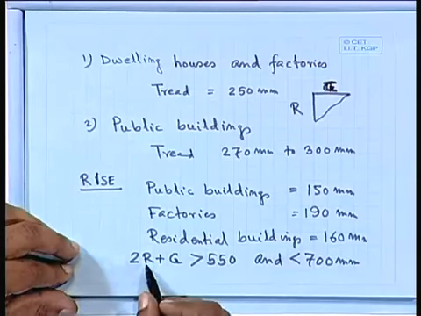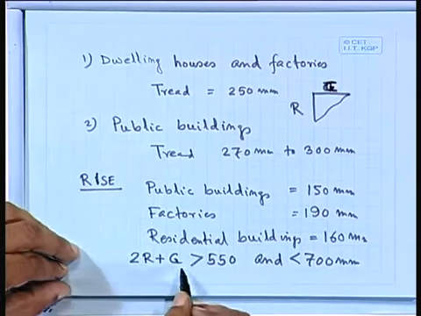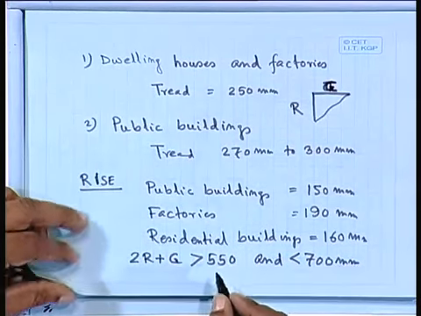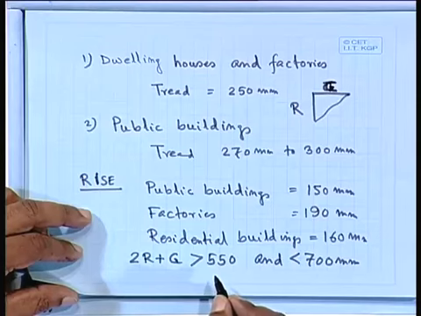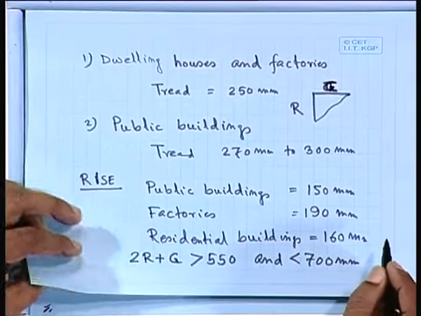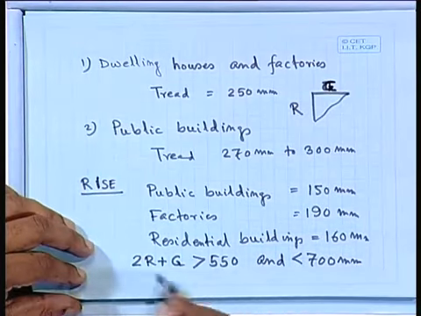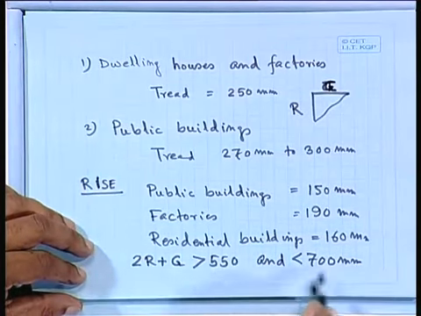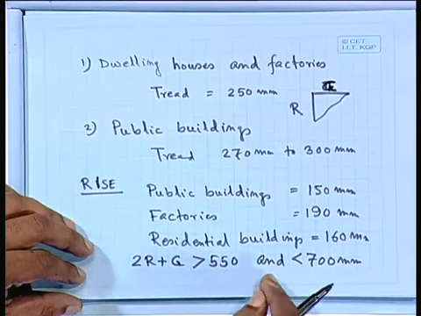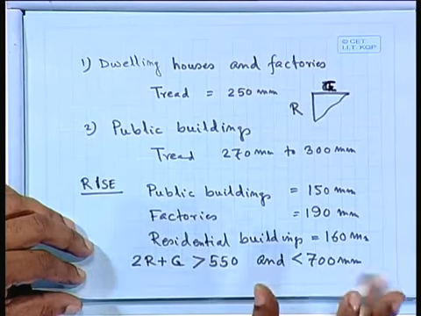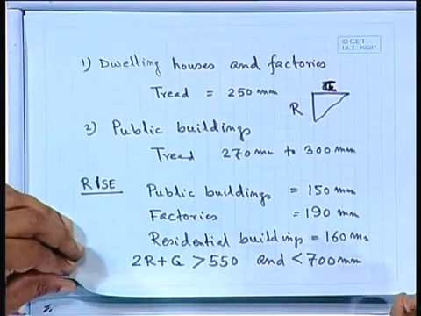We can take 2R plus G, rise plus going, as say 600 millimeter. This is for residential, though for any building you can take it. So for a residential building we shall take 2R plus G equal to 600, and on that basis we can calculate.